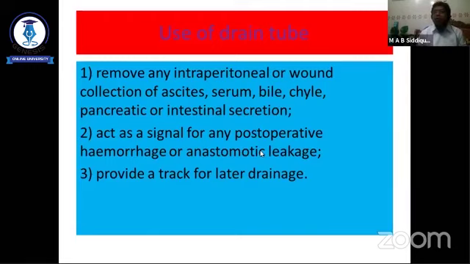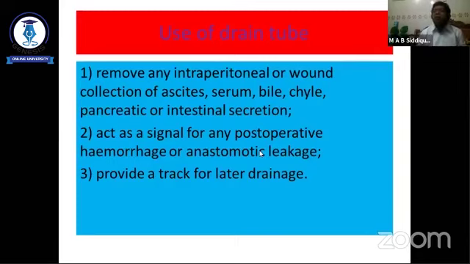And also postoperative hemorrhage: if blood continuously comes out through this drain tube, it indicates that there is active bleeding within the operative field. You can take an immediate decision by seeing this signal on the drain tube, and it provides a track for later drainage.